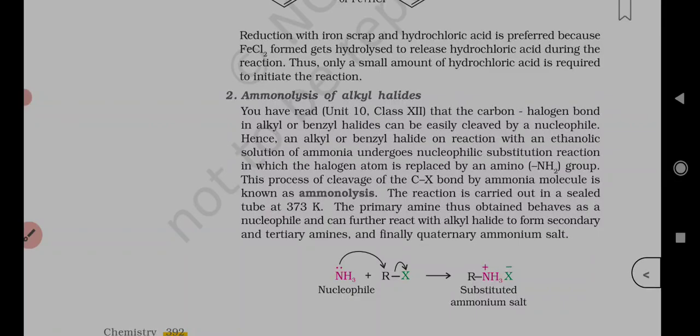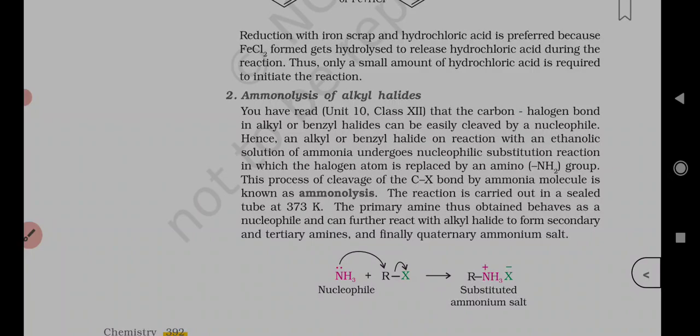Benzyl chloride, C6H5CH2Cl, reacts with ammonia, NH3, to give C6H5CH2NH2, benzyl amine.